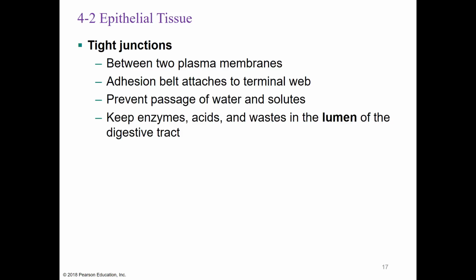It'll certainly be easier for you to understand if I show you a picture of that, so hold that thought for 1 second. These tight junctions help really pull two cells tightly together. And that prevents the passage of water and solutes between cells. This will keep enzymes, acids, and waste in the lumen of the digestive tract.